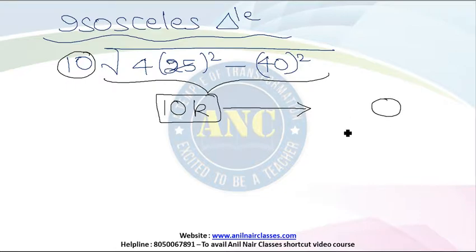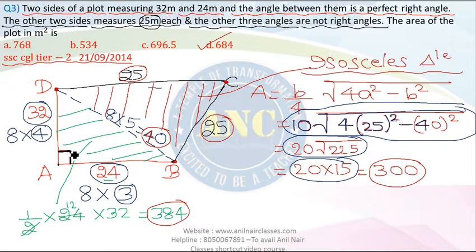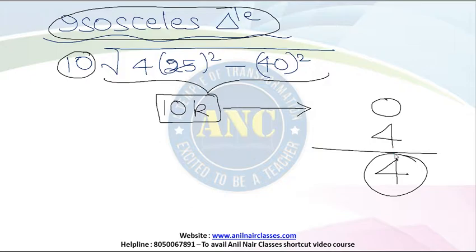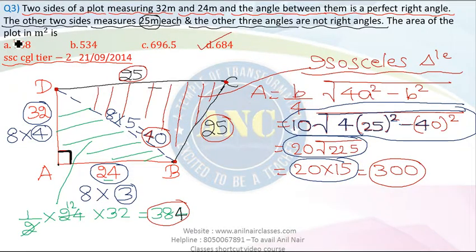Any multiple of 10 will always end with 0, and that means the area of the isosceles triangle is ending with 0. The area of this right angle triangle is ending with 4. That means the total area should end with 4. That means my answer should end with 4. Option A is ruled out, option C is ruled out. Either it should be option B or option D.